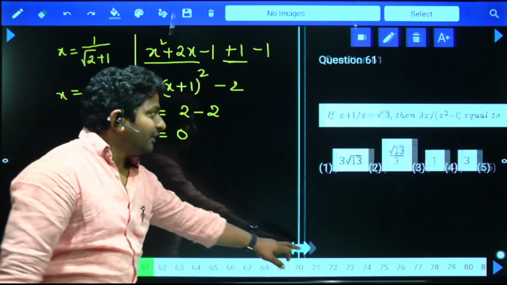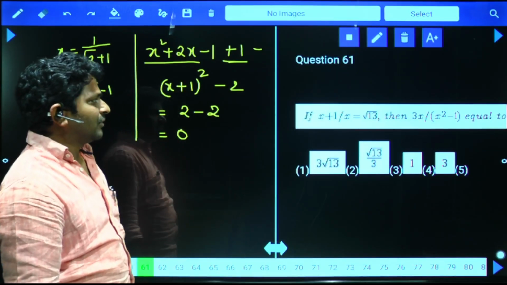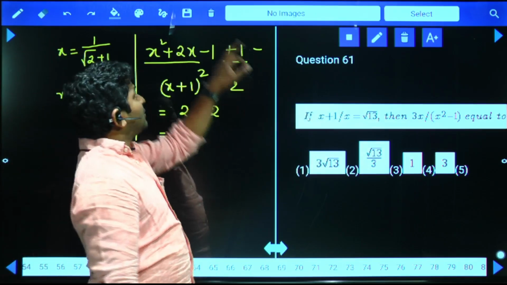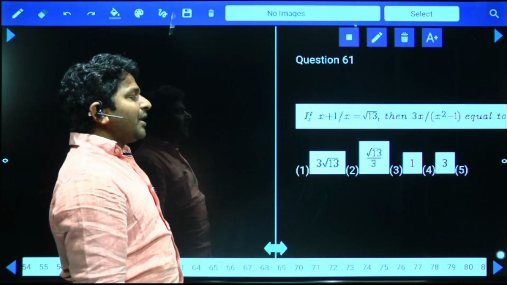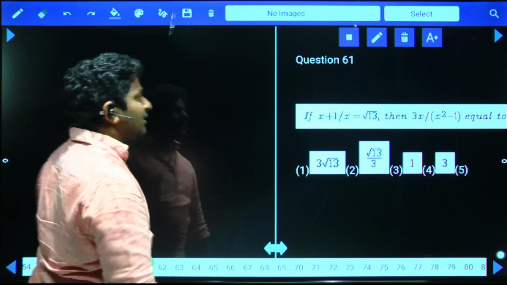Next, if x plus 1 by x is equal to root 13, 3x by x square minus 1 is equal to, okay.